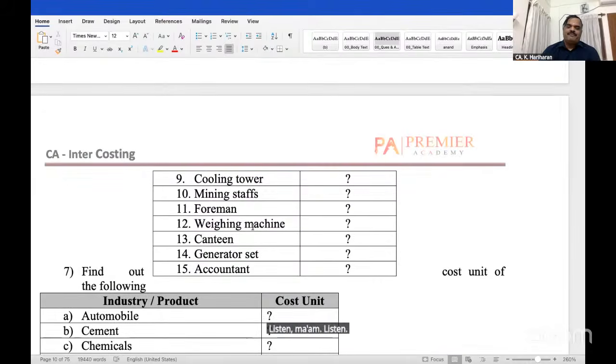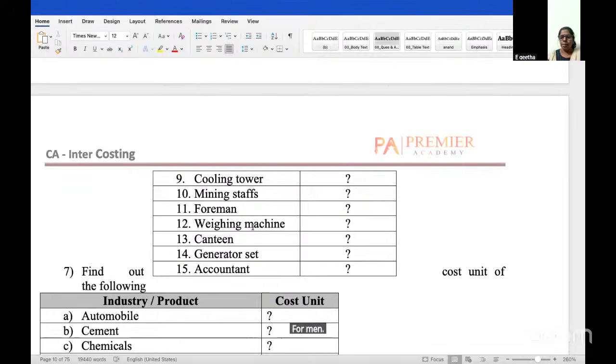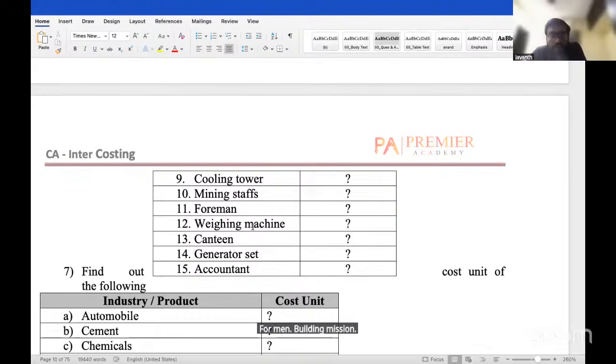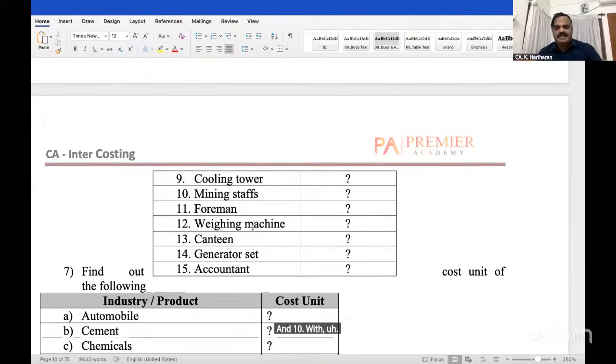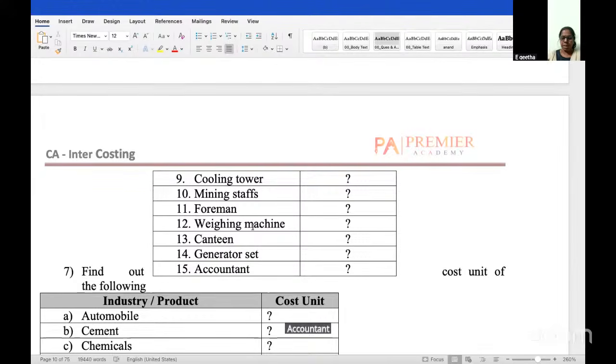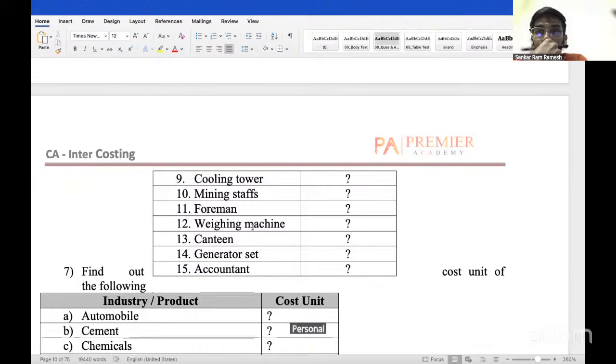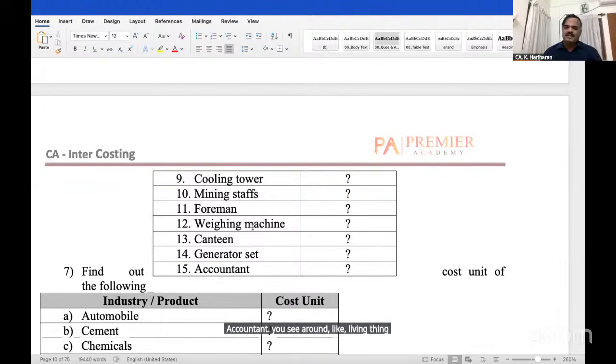Mining staff: personal. Foreman: personal. Building machine: impersonal. Canteen: impersonal. Generator set: impersonal. Accountant: personal. These are not living things, they are non-living. This you only know.